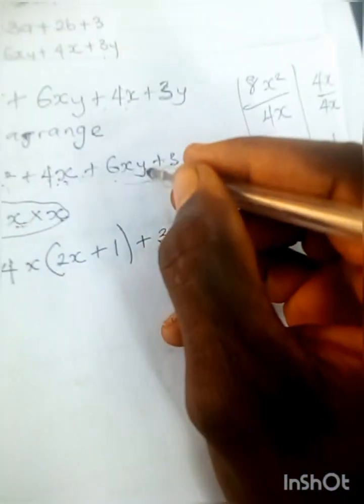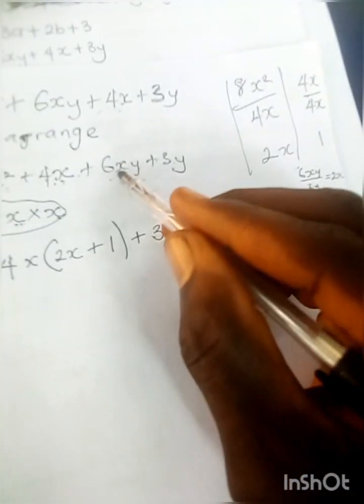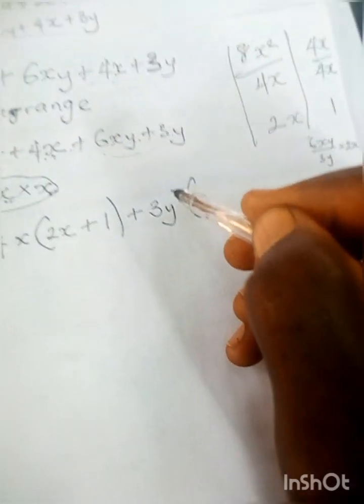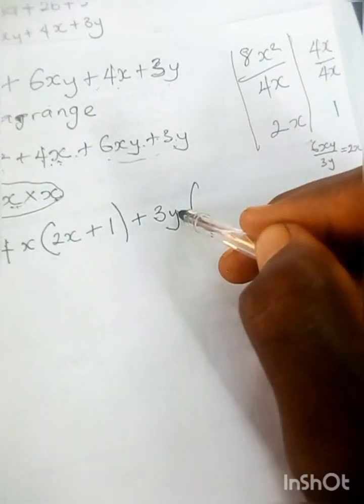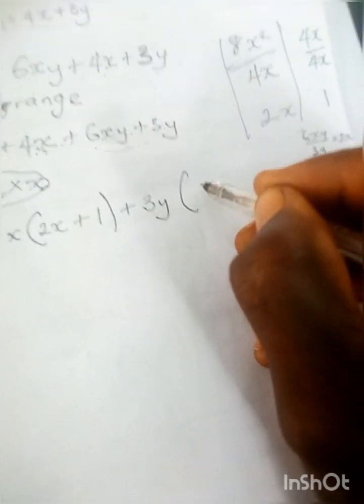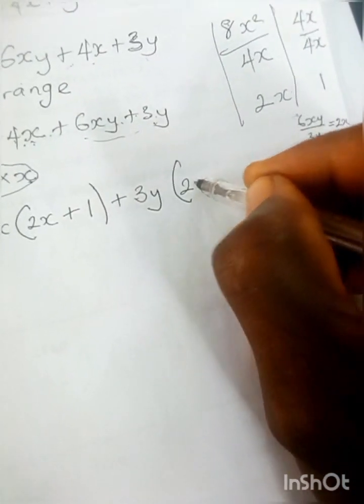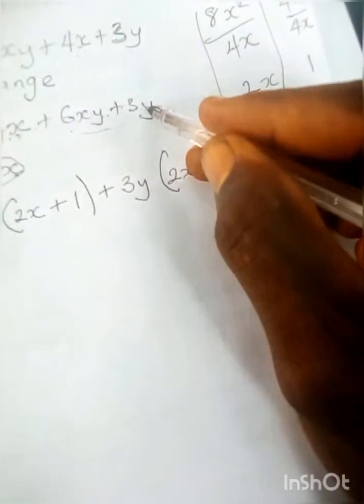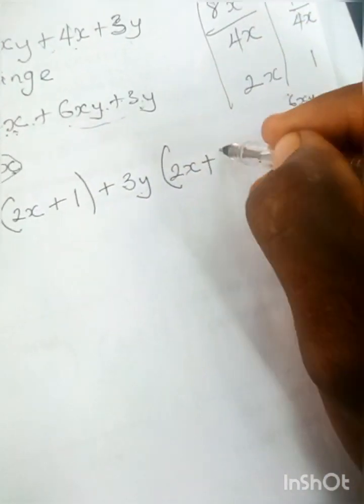Then plus 3y divided by 3y will give you just 1.